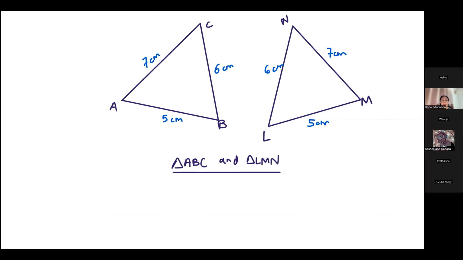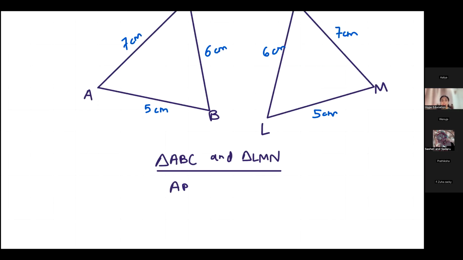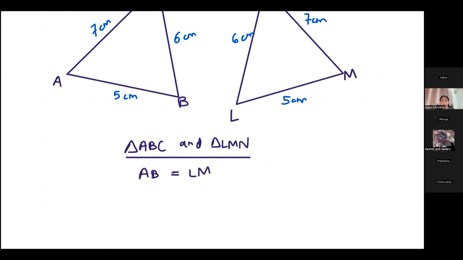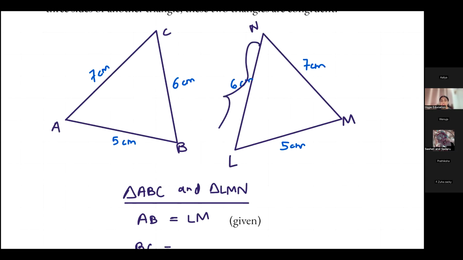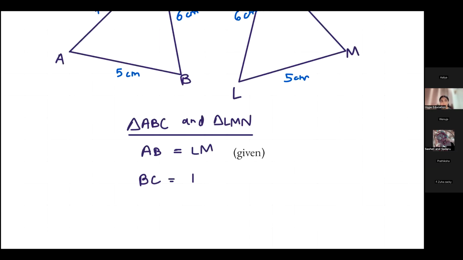Here, AB side equals LM side. Reason: they have given, no? 5, 5, so it's given. BC side, which is 6 centimeters, is equal to LN side, which is again 6 centimeters. And that is also given.